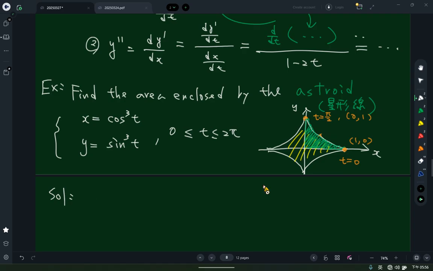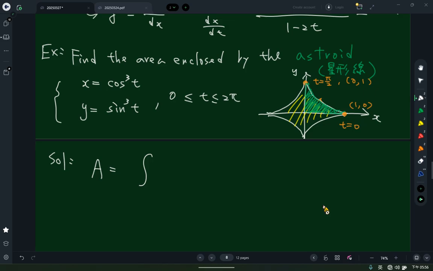simplified as A is equal to the integral. You can see here is x is equal to 0, right? And this is x is equal to 1. So integral from x equal to 0 to x equal to 1. Then in the past we also learned the Riemann sum, right?